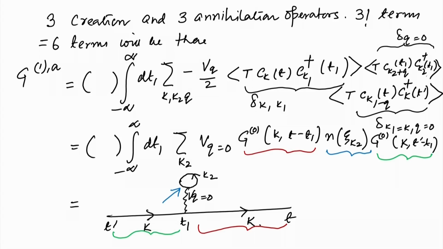In order to evaluate this diagram, we will have to compute the integral that is appearing, which we are going to do in a short while from now. But let us write down all these terms which we see here.